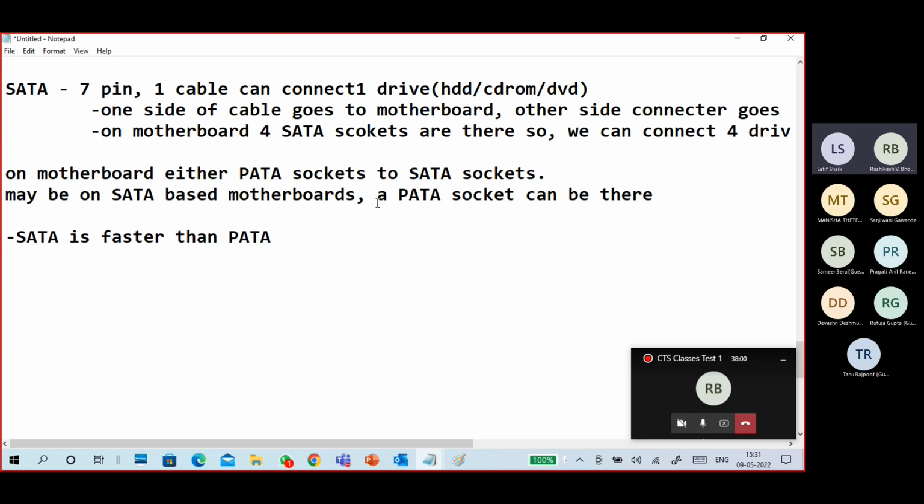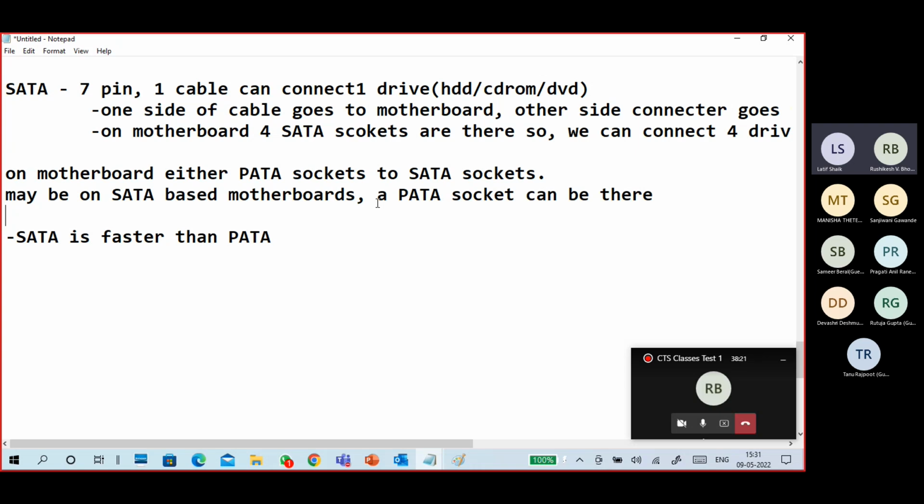One, not more, because I am still having some old hard disk. It is still working, but it is PATA. I want to connect it to my new desktop, but I can't connect it. So what to do? This question will come, right? So what will they do?